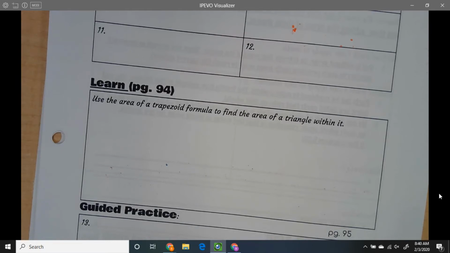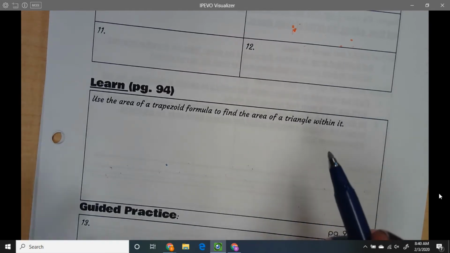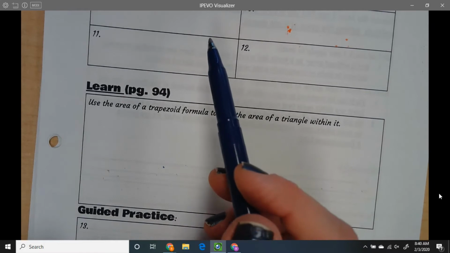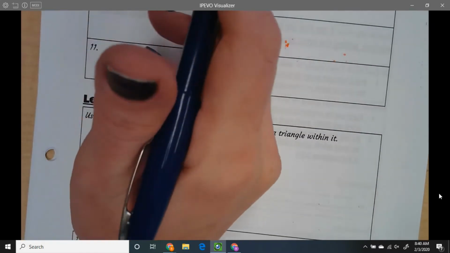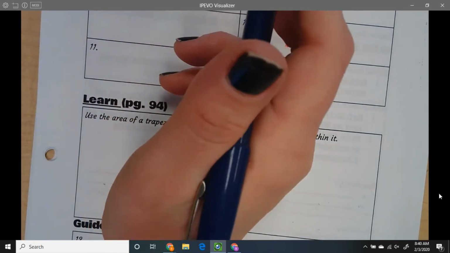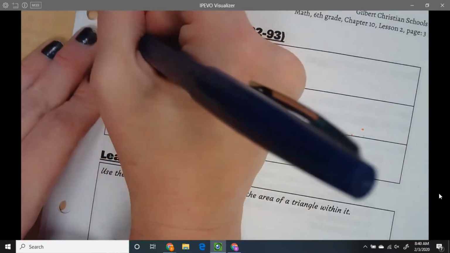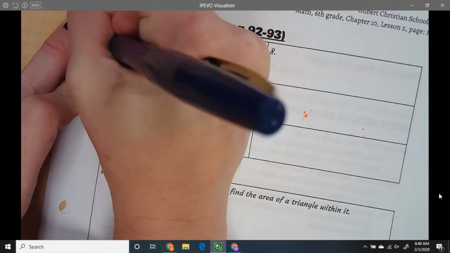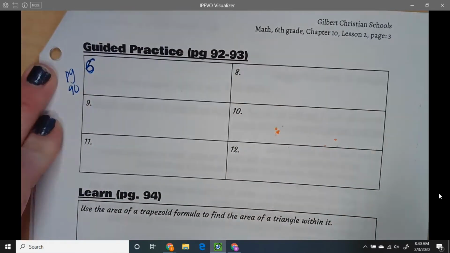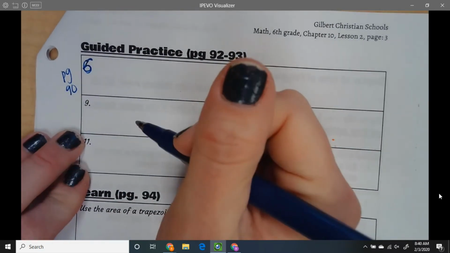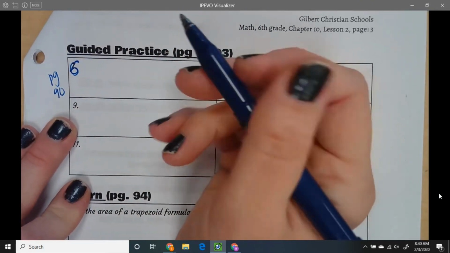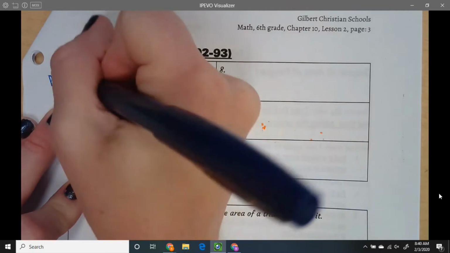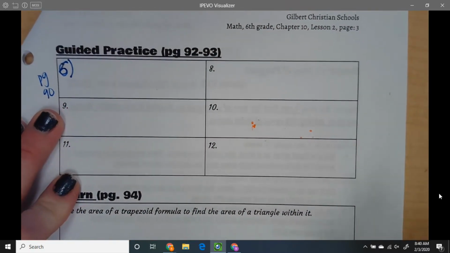So let's look at number 6. So this will be on page 90. Okay, so number 6 on page 90 is a parallelogram. So you guys are going to do area equals base times height on that.